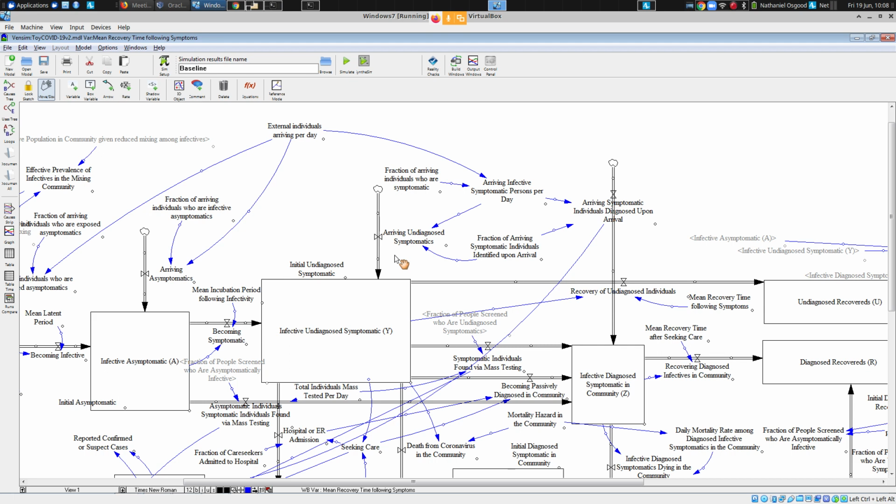Great. Okay, so I will trust that the students have downloaded and installed VenSim PLE, have obtained the model that Krisha kindly posted within Blackboard, and can go ahead and open that model.